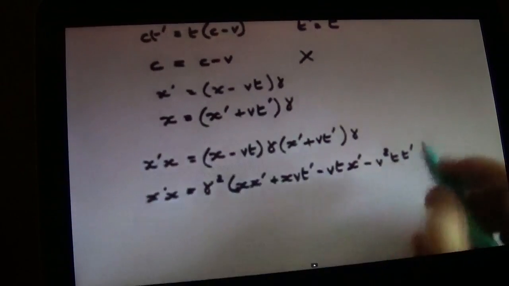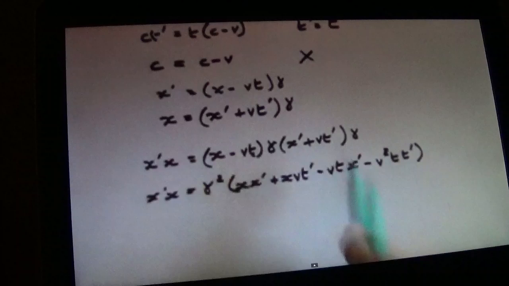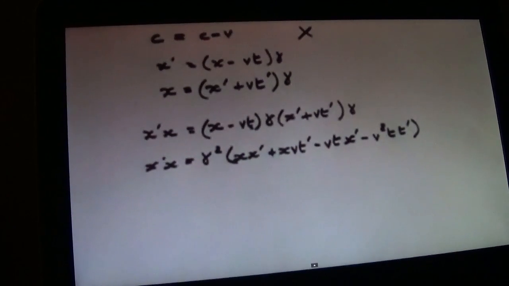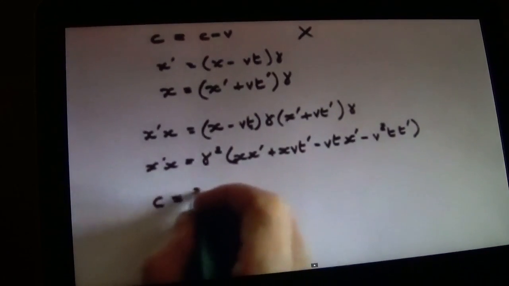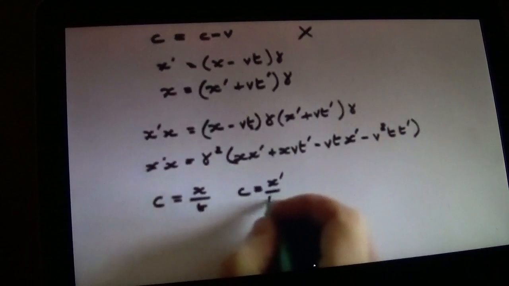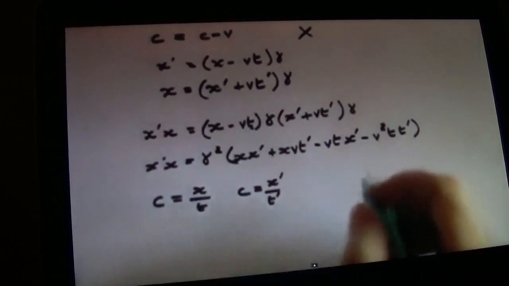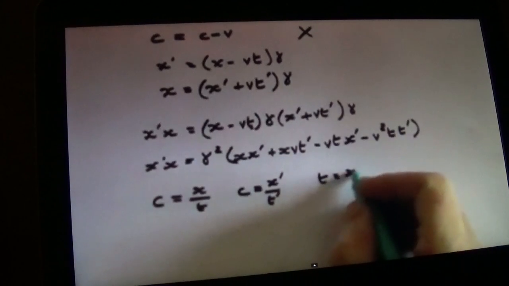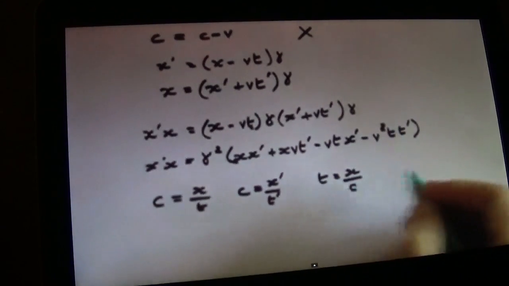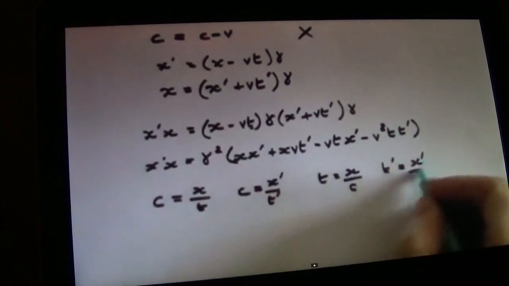All I've done is to multiply that bracketed term by that bracketed term. Now, it's all beginning to look a bit horrendous, but we remember that we determined that the speed of light was x over t, and the speed of light is x prime over t prime. It's constant, whoever's measuring it. And that means we can say that t is equal to x over c, and t prime is equal to x prime over c.